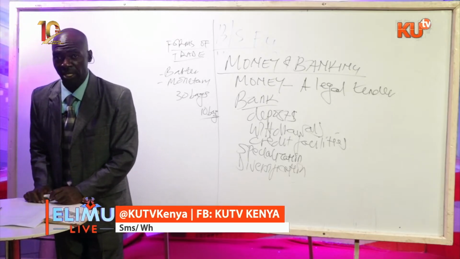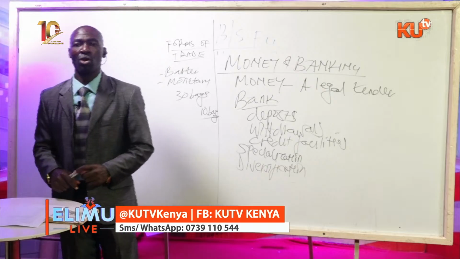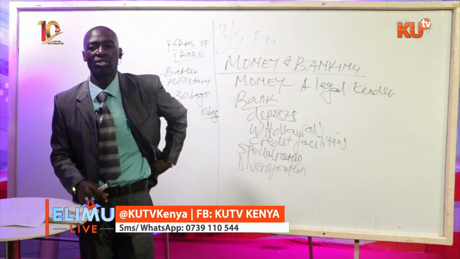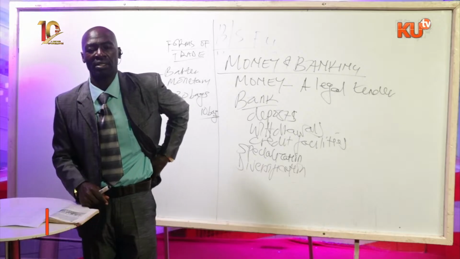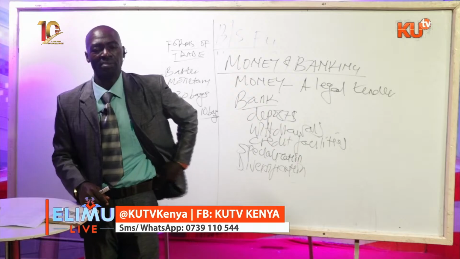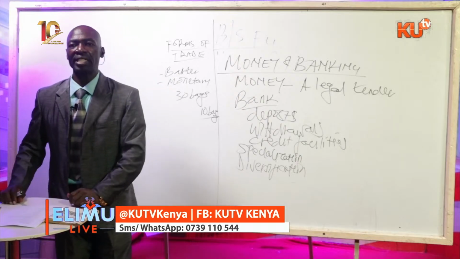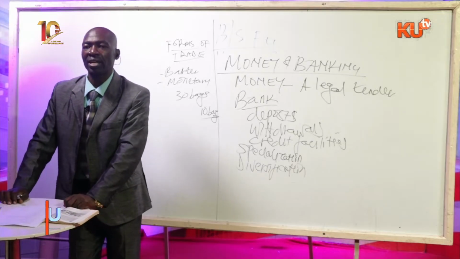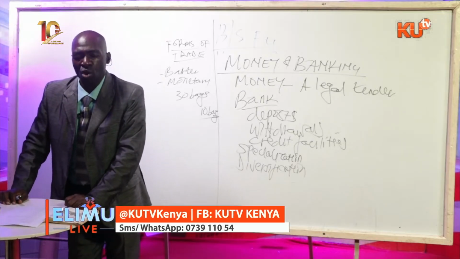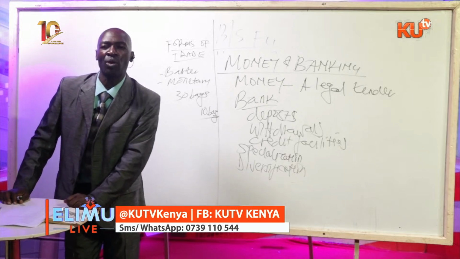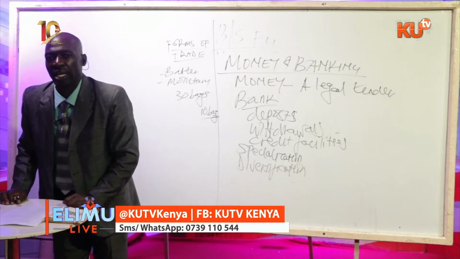If we look at the limitations or shortcomings of barter trade, one, it required double coincidence, which made it difficult to find a person who has the product you want and is in need of the product you possess.